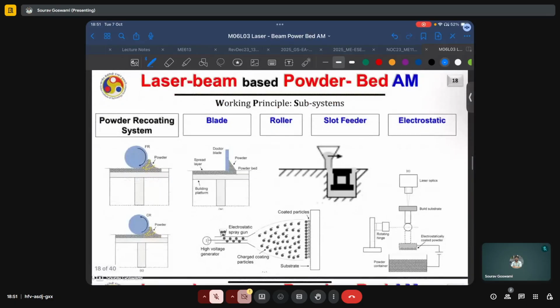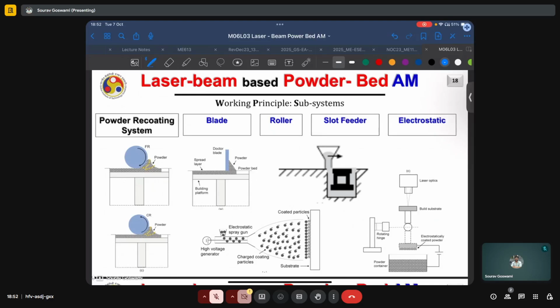Now, the recoating system itself may either be like a doctor's blade, or it can be in the form of a roller, or it can be in the form of a slot feeder, or there may also be some electrostatic type recoating systems.